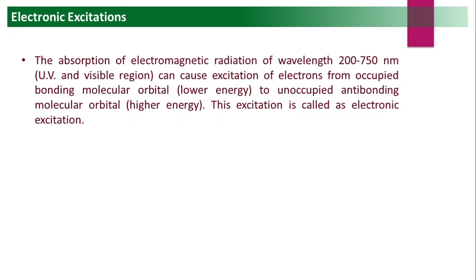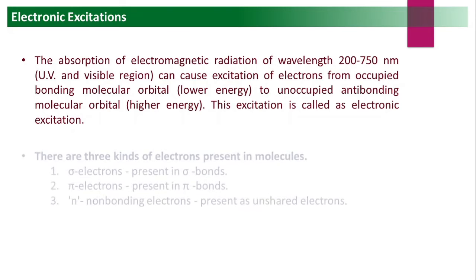So in UV-visible spectroscopy, electrons absorb energy from the UV-visible radiation, increase their energy and go to the excited level, and this excitation of electrons is called electronic excitation.